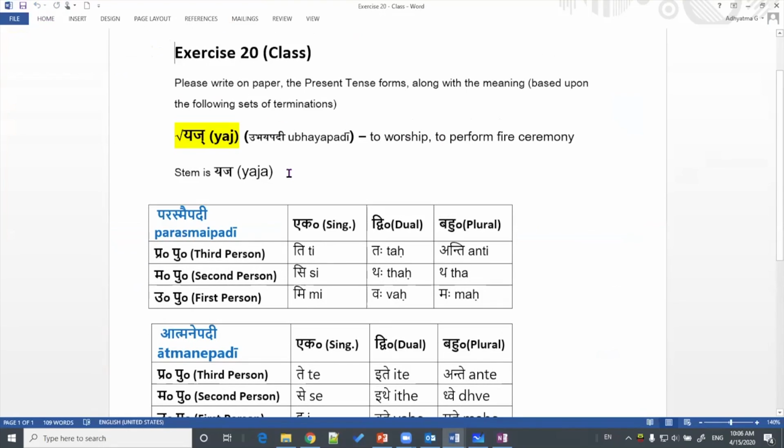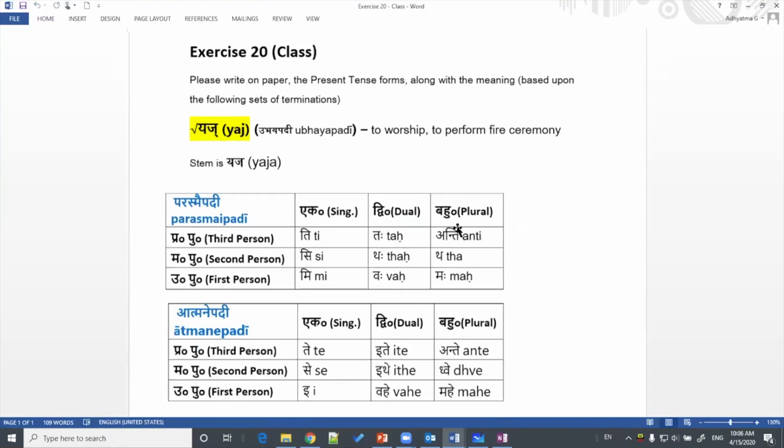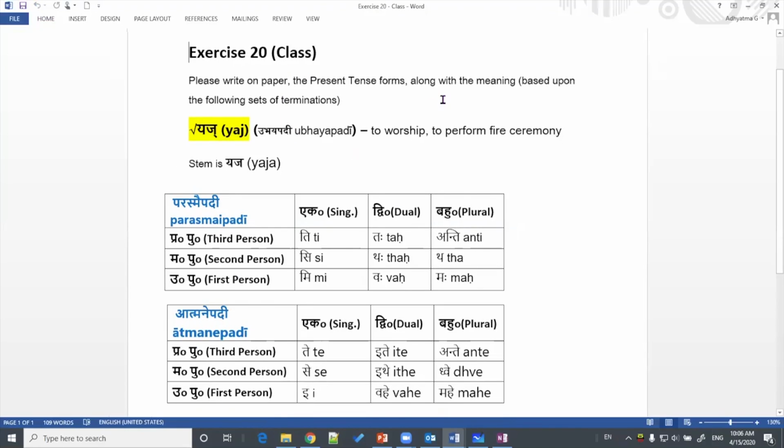This is the exercise here. Please write on paper the present tense forms along with the meaning based upon the following set of terminations. The dhatu is yaj, which means to worship or to perform fire ceremony. The word yajna is coming from the same root, yaj.